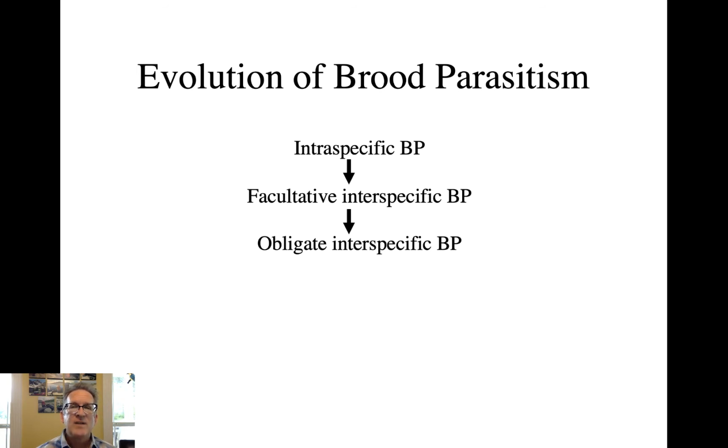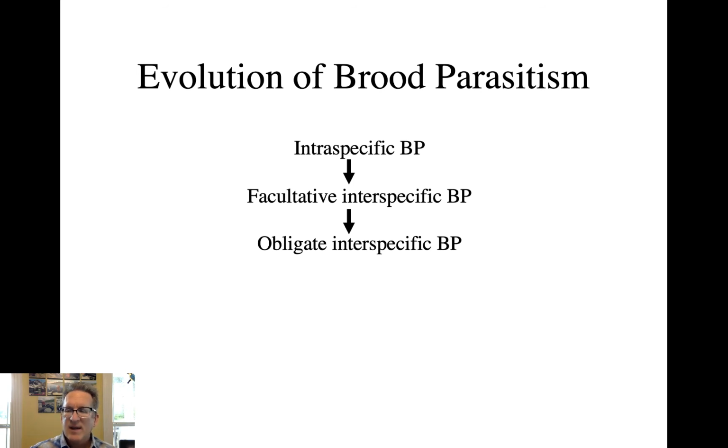And then once this becomes so adaptive, you might begin to be making so much of your fitness gains from sneaking your eggs into the nest of other species that it pays to actually invest more into that strategy and give up on your own nesting attempt, which could lead to the obligate interspecific brood parasitism tactic and behavior.